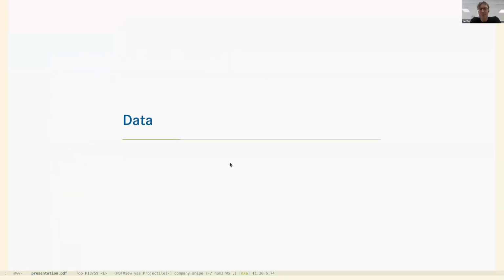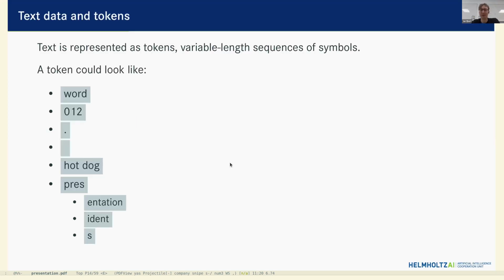So now we have established what we are actually training, what our neural network is, and the things that make it different from other neural networks. Let's look at data, because obviously we need a lot of data, right? So how does our model see text? Text is represented as tokens, and tokens are variable length sequences of symbols.